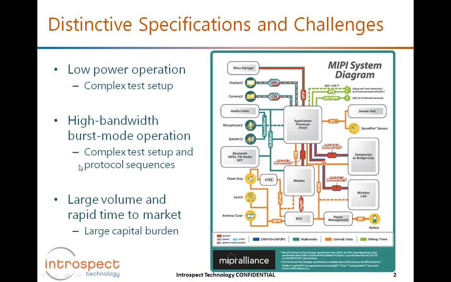When it comes to high bandwidth, of course, SerDes is introduced in the MIPI system because of high bandwidth. However, the high bandwidth transmissions and the high-speed transmissions occur in bursts. That is, they occur on demand. When the smartphone is asleep, there is no high bandwidth communication, and as soon as a user turns on the device or clicks on the wake button, then high-speed communication starts to happen.